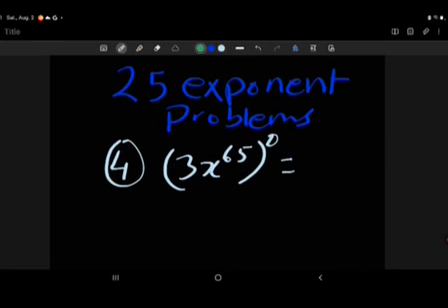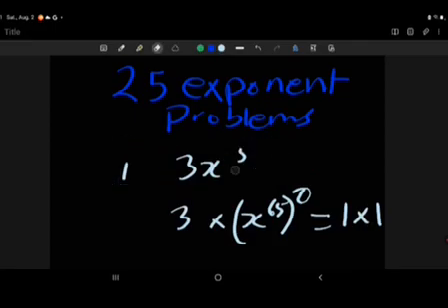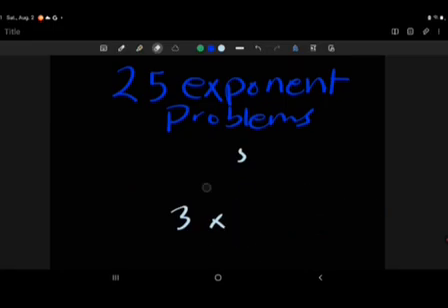Okay, so once again the answer here is 1, and of course we could split it up as 3 to the 0th power times x to the 65th power, all of that to the 0th power, which is 1 by 1. However way you want to put it, the answer is always going to be 1, as we raise all of that to 0. Now let's move on to some other type of problems.